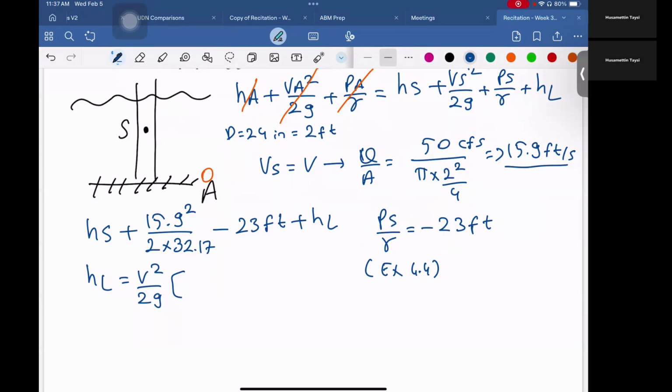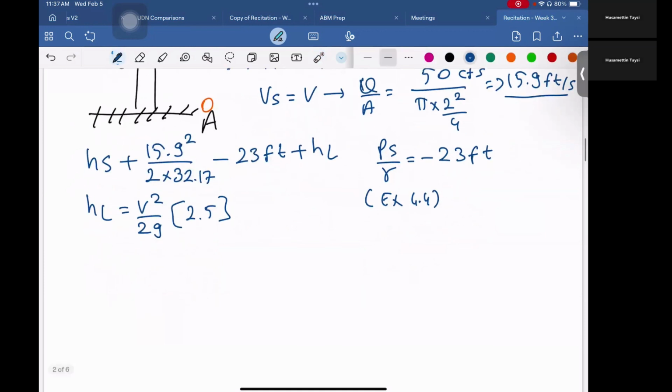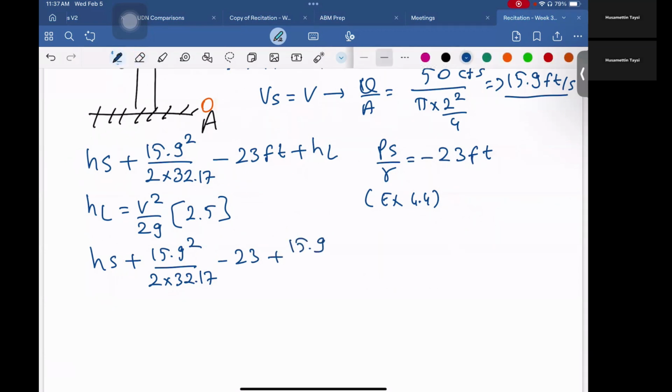And we only have 2.5 because the frictional loss and other minor losses are neglected. We only have entrance, which is here. So basically, HS plus velocity head minus 23 plus 15.9 square over 2G times 2.5 is equal to 0.